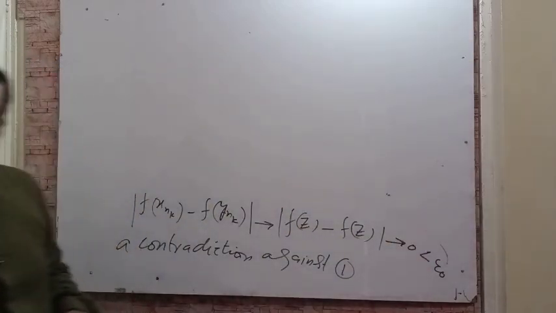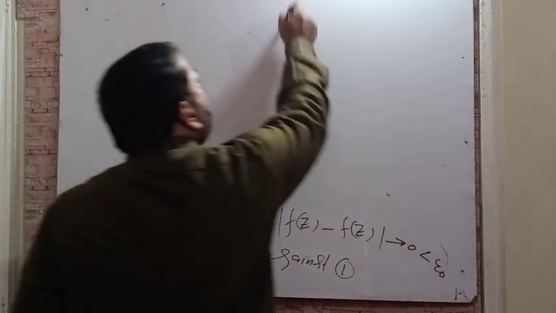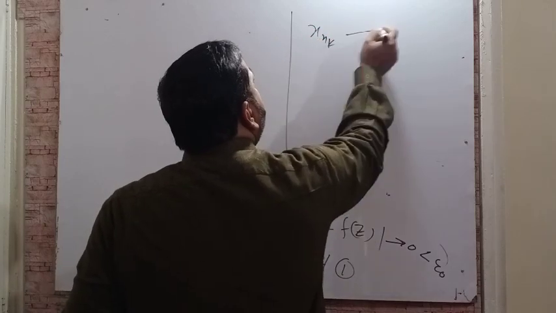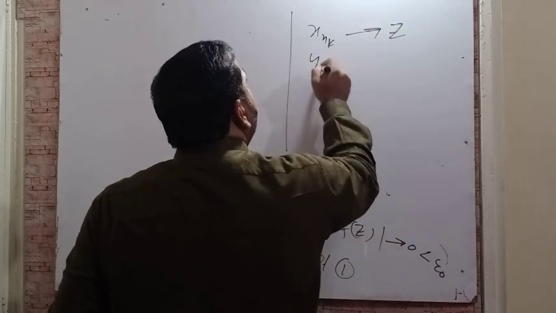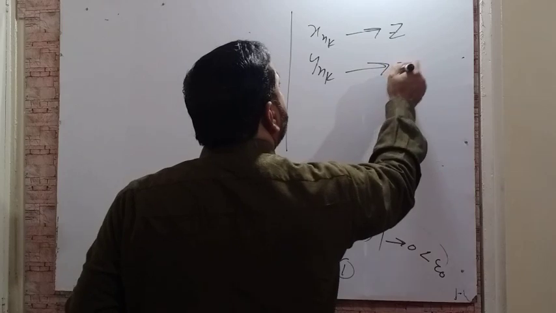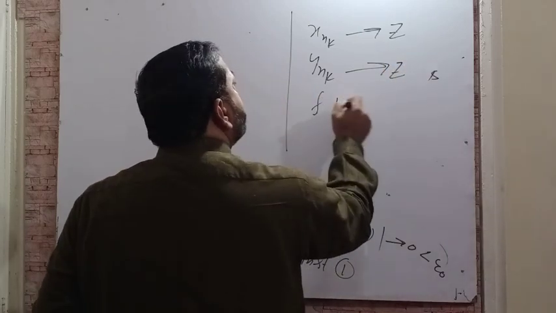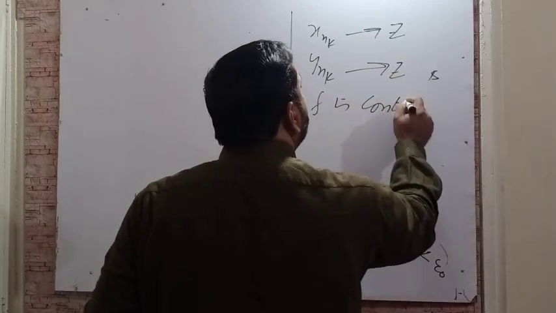I have established that x_nk is converging to z, y_nk is converging to z, and f is continuous.